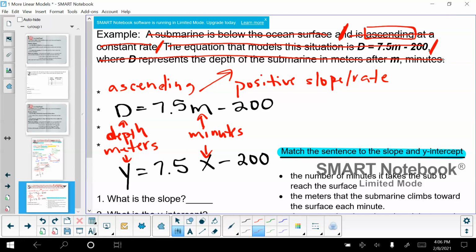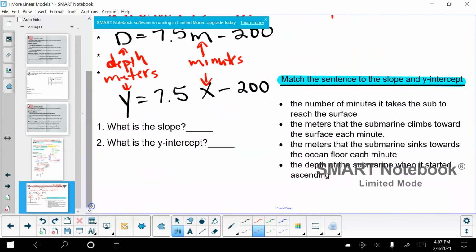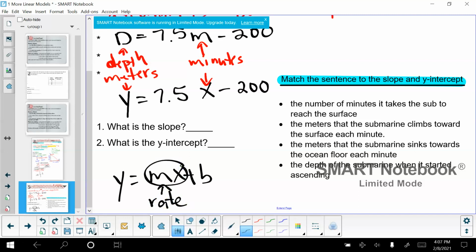There is no per each and every here, but if we remember that when we look at the equations of y equals mx plus b, and I will write it down here, and this is why we do this, the m is the rate or the slope, and it's always the number that's with the letter. So if I look up, and I'm going to highlight that down here in blue.